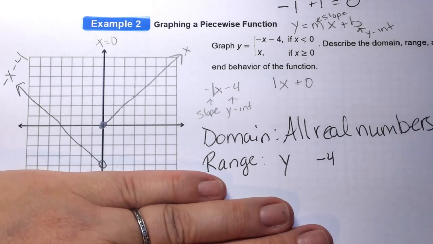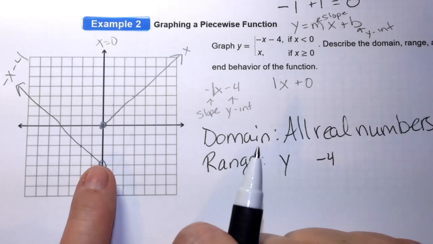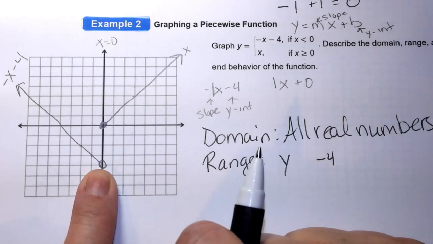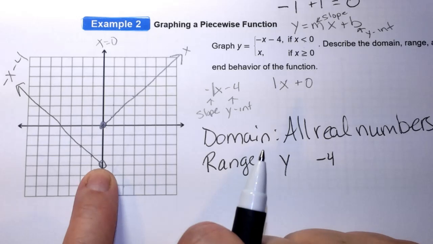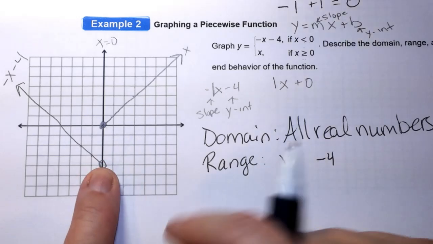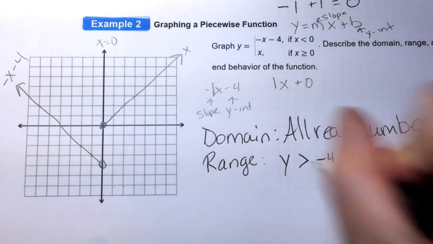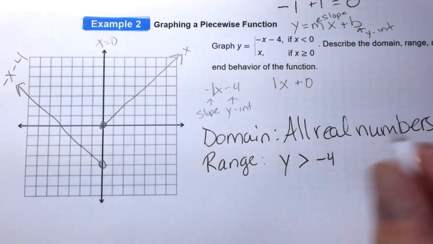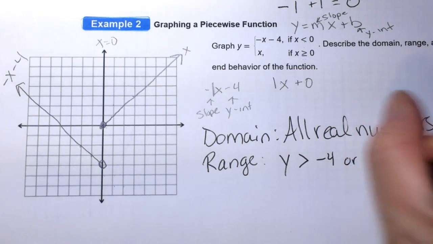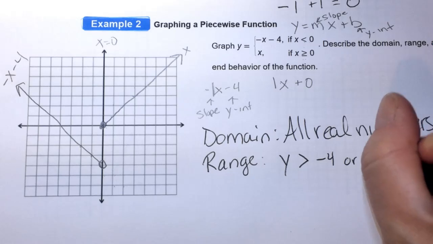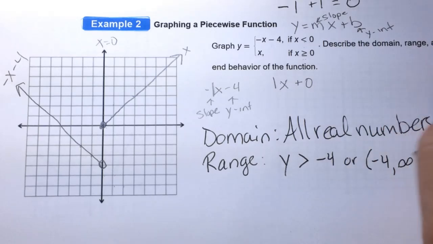So in order to write our range, we're going to say, is it greater than or less than? Now, remember, because it's an open circle, we're not going to put or equal to. If it was a closed circle, we would put or equal to. But because it's an open circle and it includes all y values going up this way, we are going to say only when y is greater than negative 4. Or if you want to put it in interval notation, you would put negative 4 to infinity.